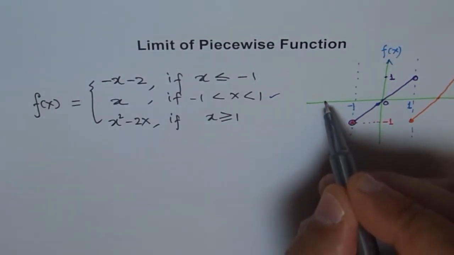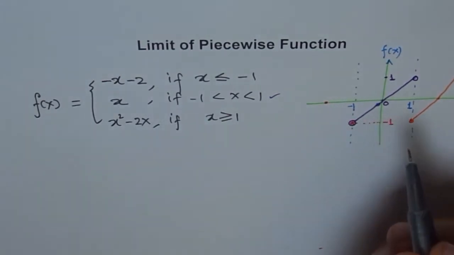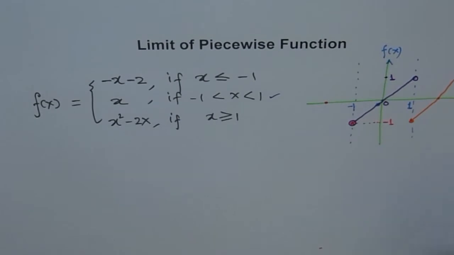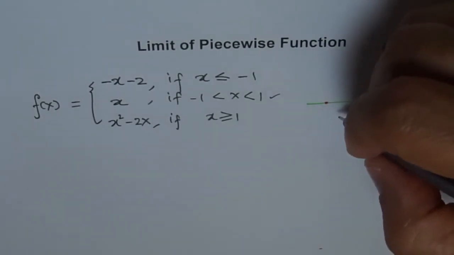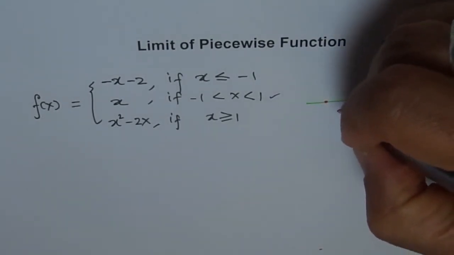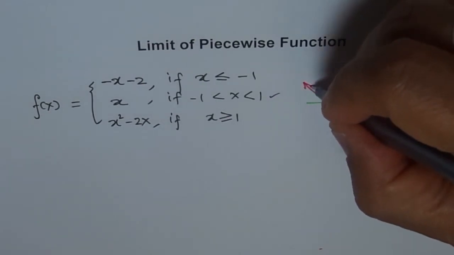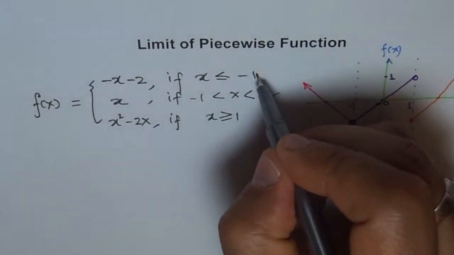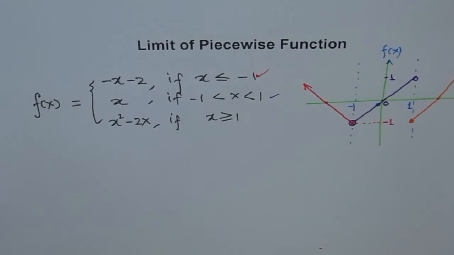And so at minus 2 we have an x-intercept. So basically this is a straight line, so what we can do now is join the straight line like this. So this part is in red, and this part is in orange. Now, these are three pieces joined together.